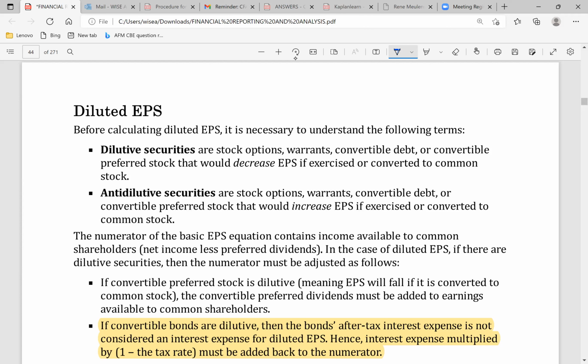So you have to identify what the dilutive instruments are. That's where the stock option will come in, where employees are given the option to buy stocks at a predetermined price.